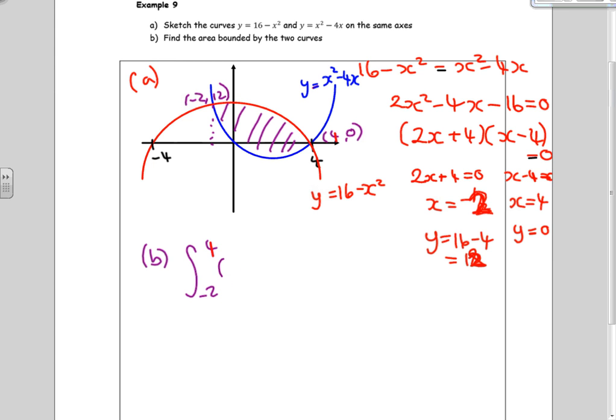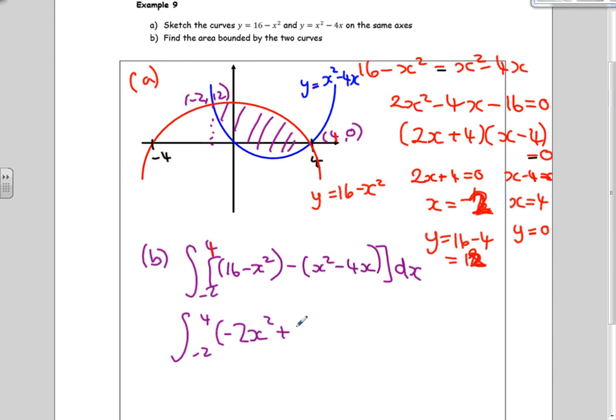So that'll be 16 minus x squared minus x squared minus 4x dx. So that means that I'm integrating between minus 2 and 4, the equation of minus 2x squared plus 4x plus 16 with respect to x.